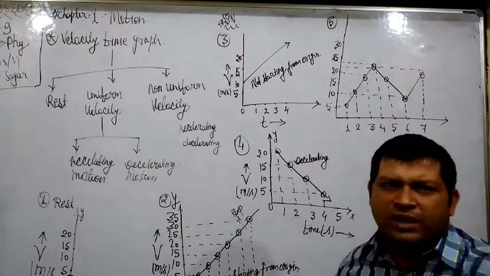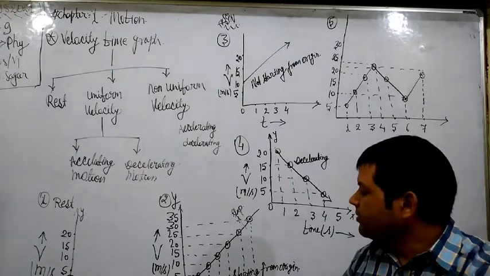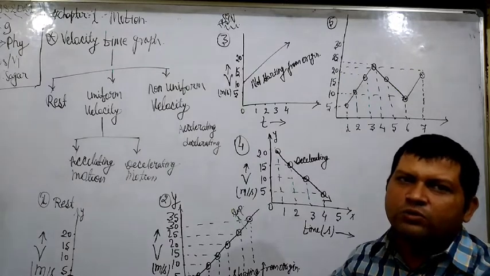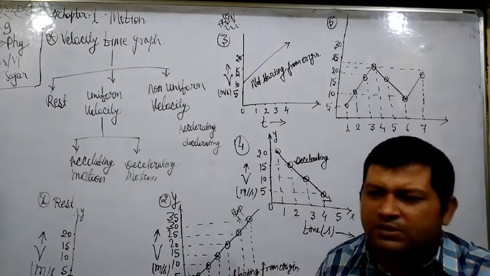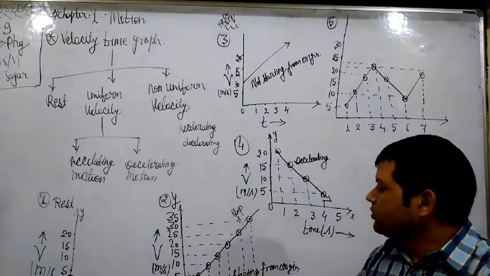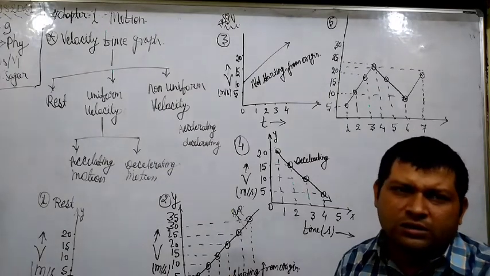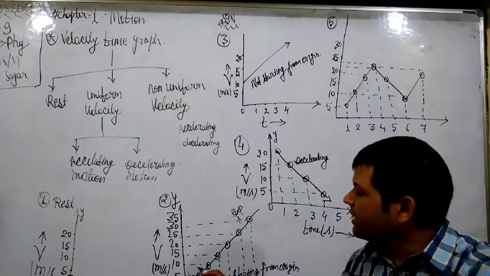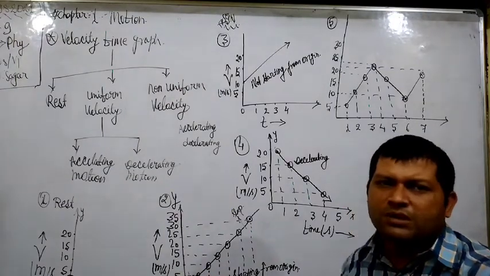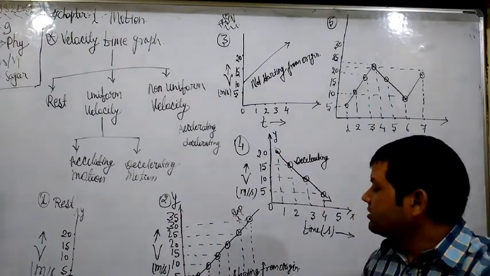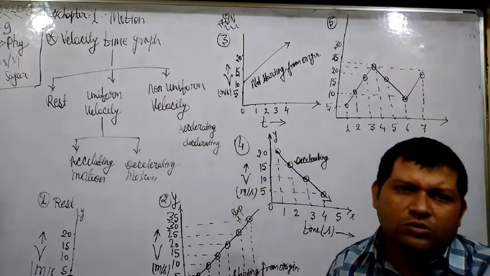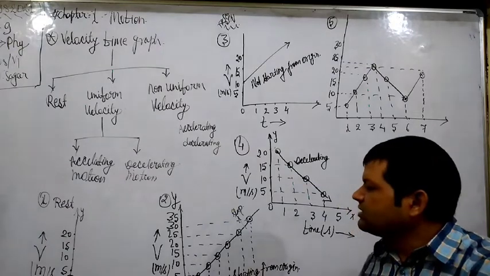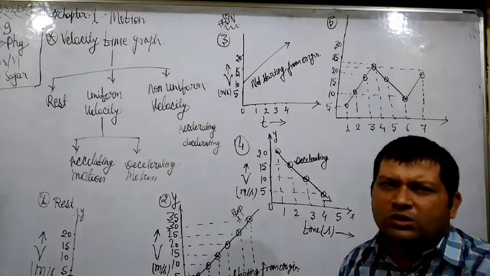So here what we have observed: during the first second the object is moving with a velocity of 5 meters per second, during 2 seconds with 10 meters per second, in the third second 15 meters per second, and in the fourth second 20 meters per second.